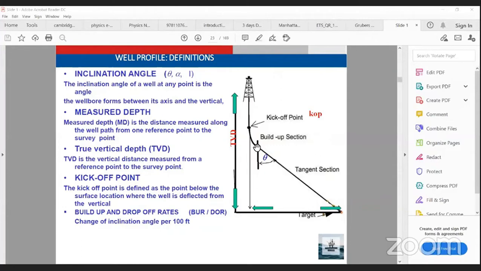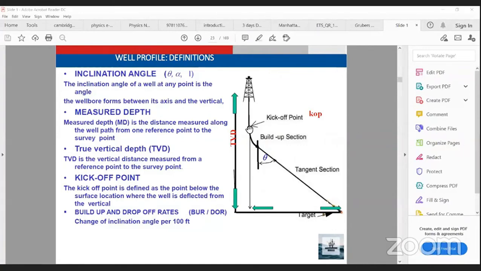We talked about two rates: build up rate and drop off rate. Build up rate, abbreviated BUR, is the rate at which I increase the angle, or the change of the inclination, per 100 feet.